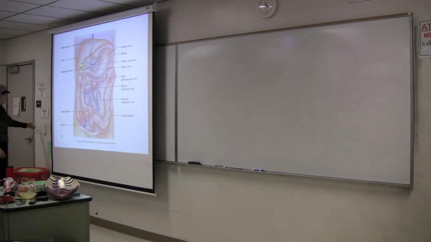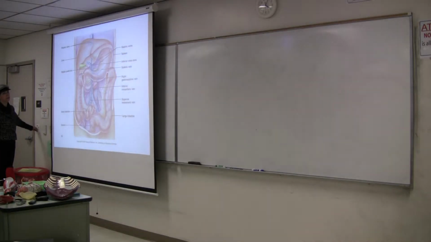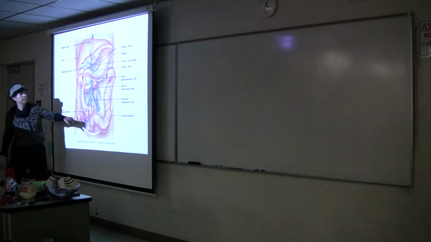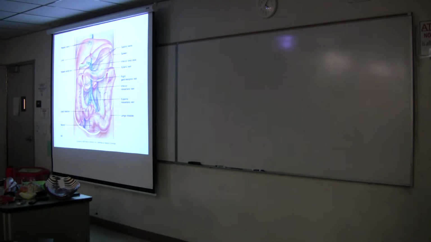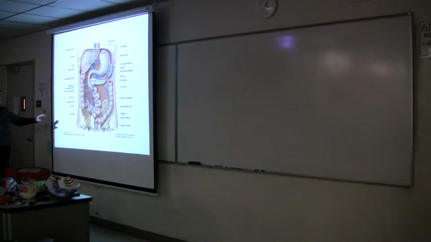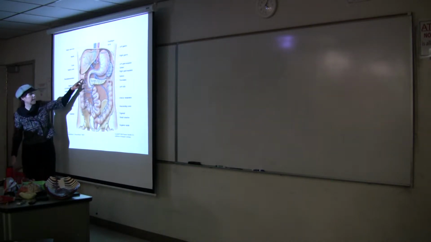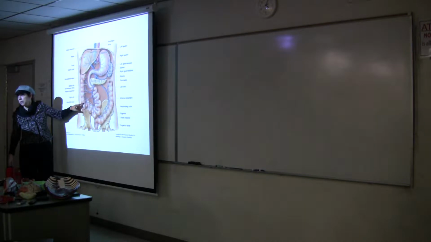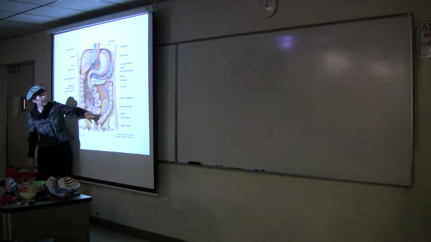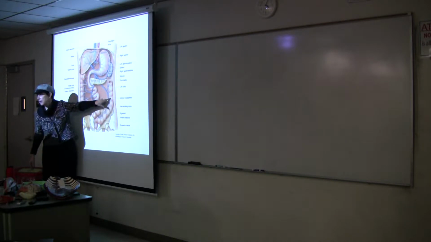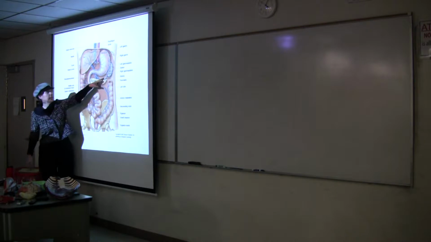So in this diagram, don't worry, I'll be drawing on the board as well. In this diagram, actually let me do the next one because it has a small intestine on it. Here's the superior mesenteric, picking up material from the ascending colon and the small intestine. Here's the inferior mesenteric, picking up material from the large intestine, vitamin K. Here's the splenic.